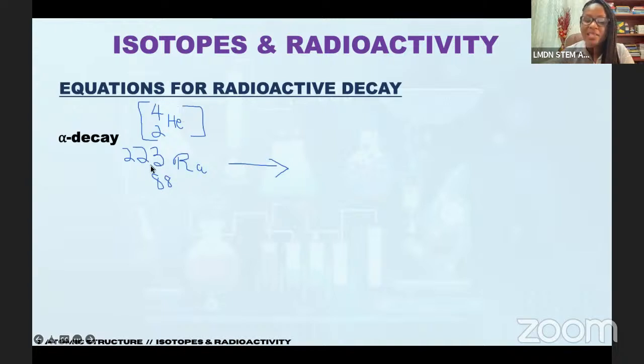If I'm starting here with radium and giving this off, what's going to be the new mass? How are the mass number and atomic number going to be affected by this change in the nucleus? Anybody want to tell me what's going to happen to my mass number and my atomic number as a result of this kind of decay?